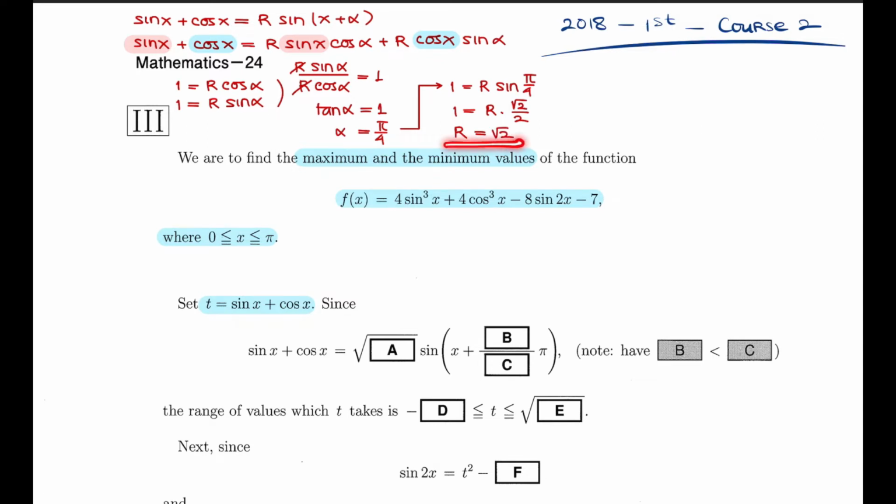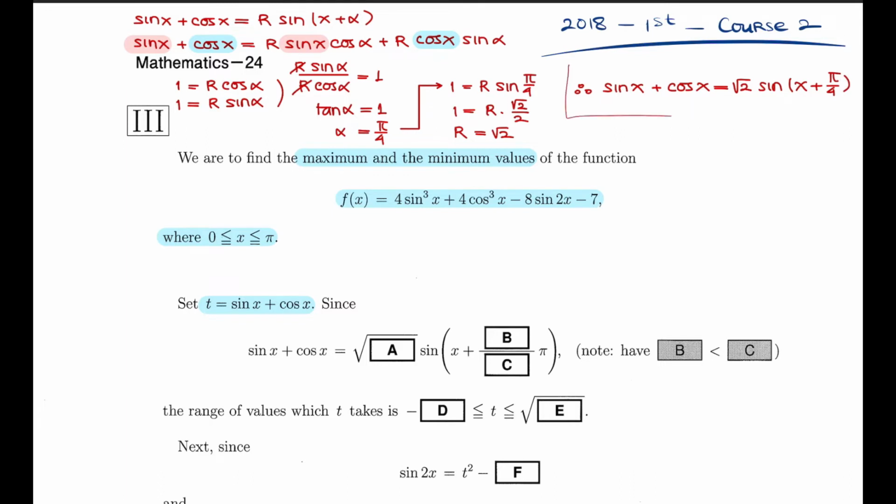We already know the value of r and the value of alpha. So I already know that sin x plus cos x is equal to r, which is square root of 2, sin x plus alpha, which is pi over 4.